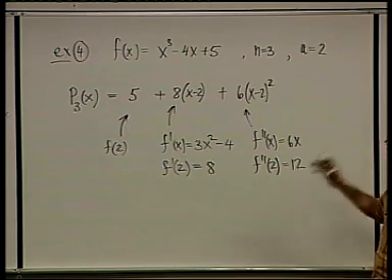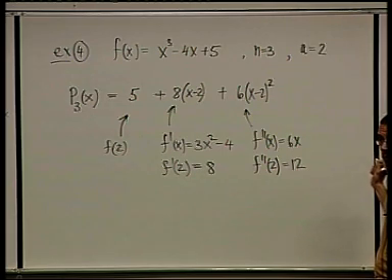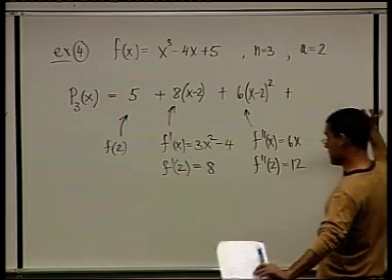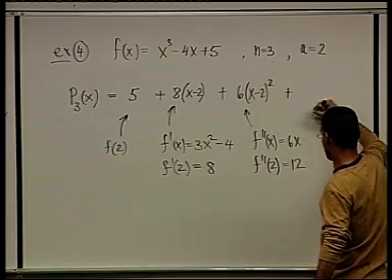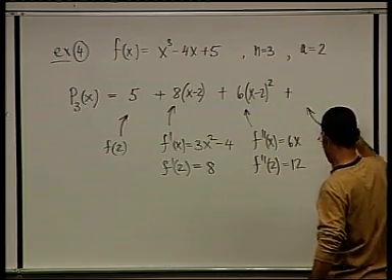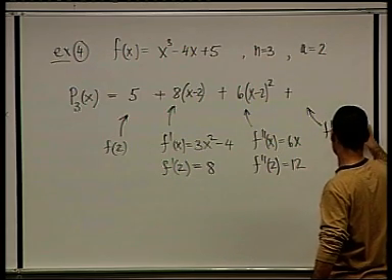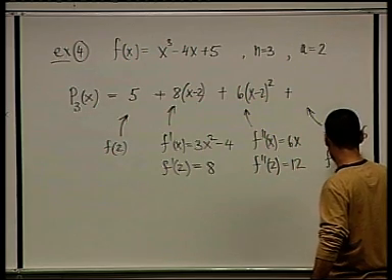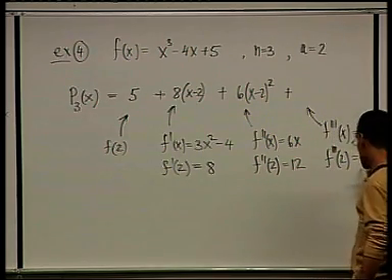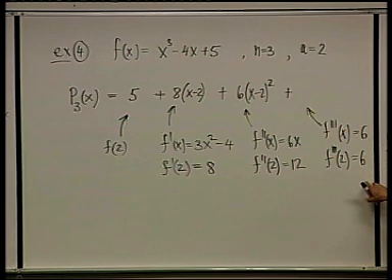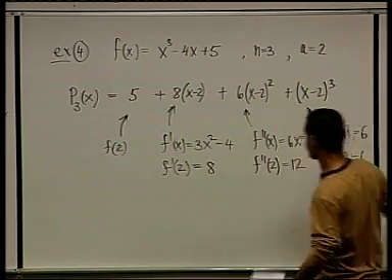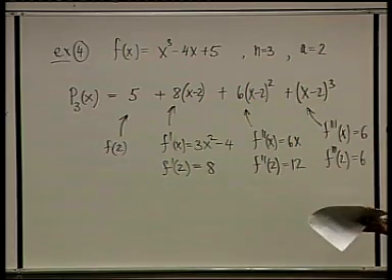Really nothing sophisticated. Everybody following? Okay, plus, and this is the last term. I was only asked for degree 3. So f triple prime of x is just 6. In particular, f triple prime at 2 is just 6, divided by 3 factorial, which is 6. So I get 1, and then I get x minus 2 cubed. Questions?